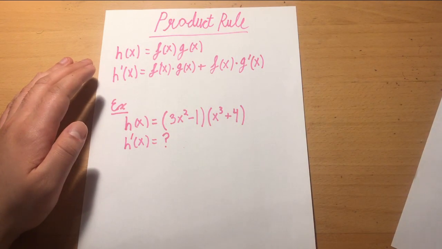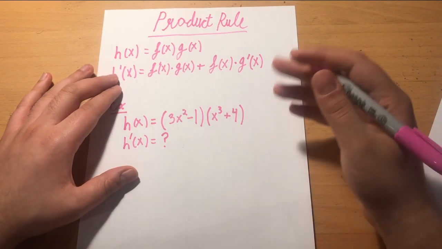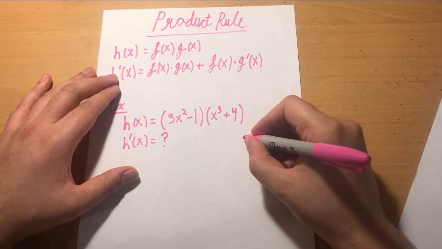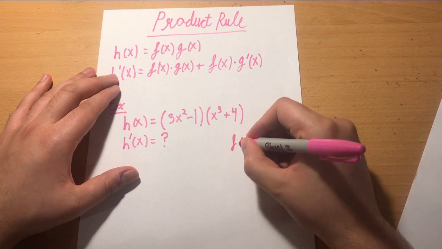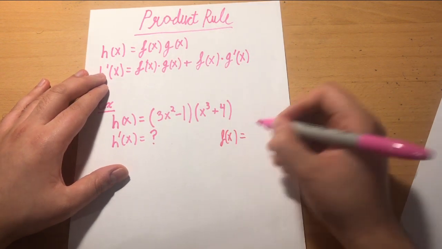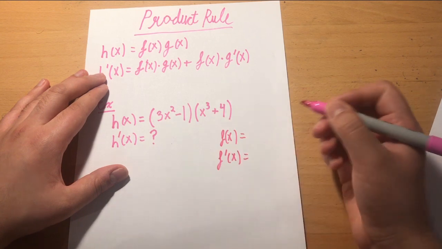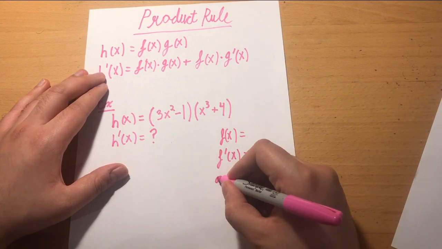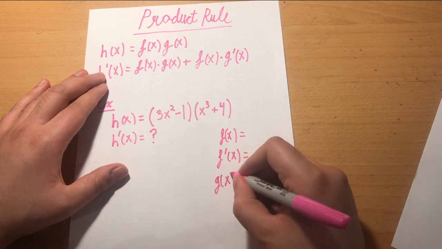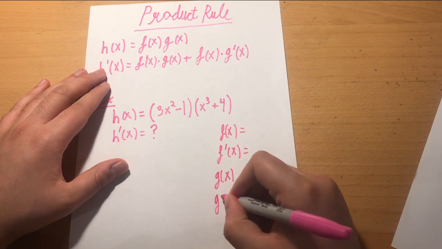So to the side, I'm going to write out four things: f of x, which is equal to something, f prime of x, or the derivative of f of x, and then g of x and g prime of x.